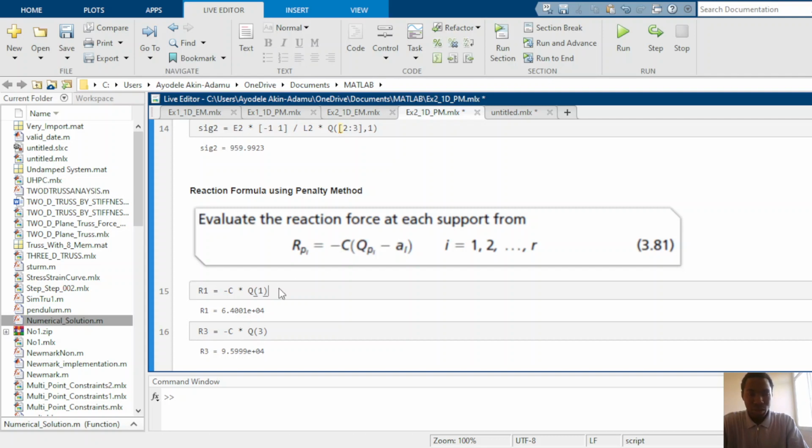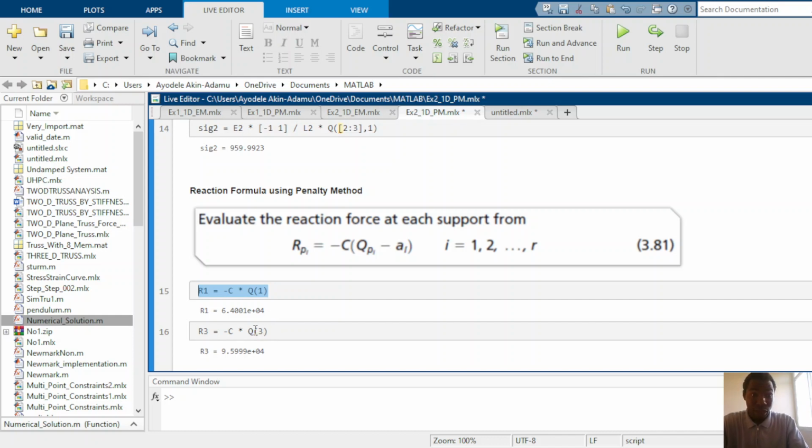That's what this Matlab line of code calculates for R1, and R1 is calculated as 6.4001 times 10 raised to power 4. This is like 64.001 kilonewton, which is close to our hand calculation.